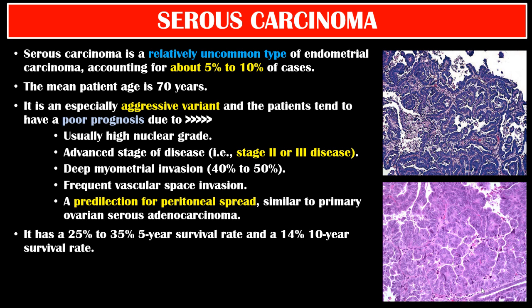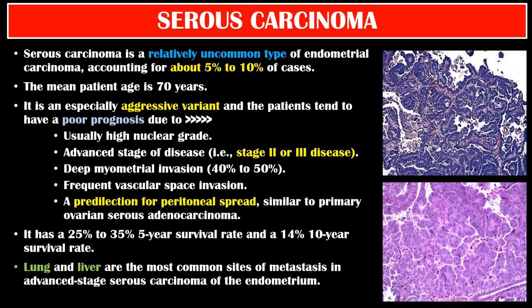It has a 25% to 35% 5-year survival rate and a 14% 10-year survival rate. Lung and liver are the most common sites of metastasis in advanced stage serous carcinoma of the endometrium.